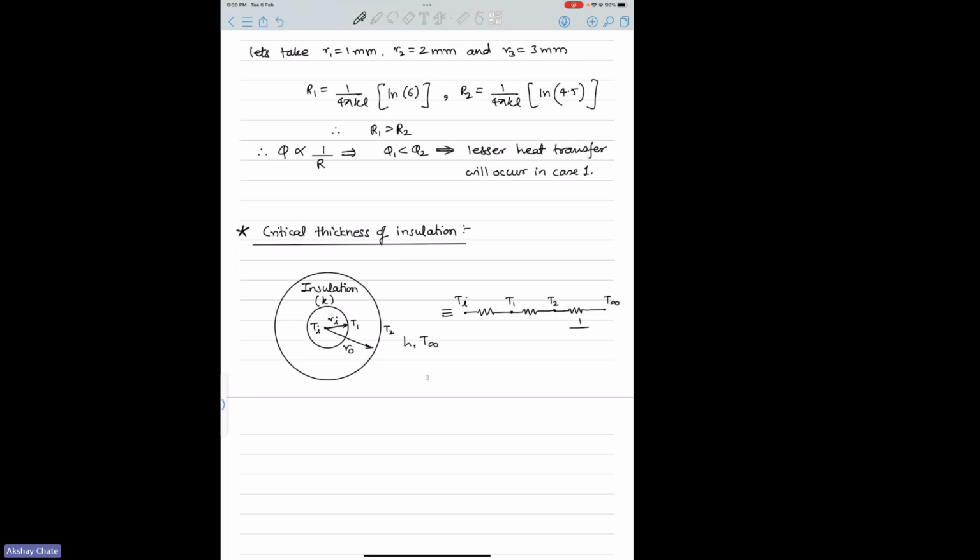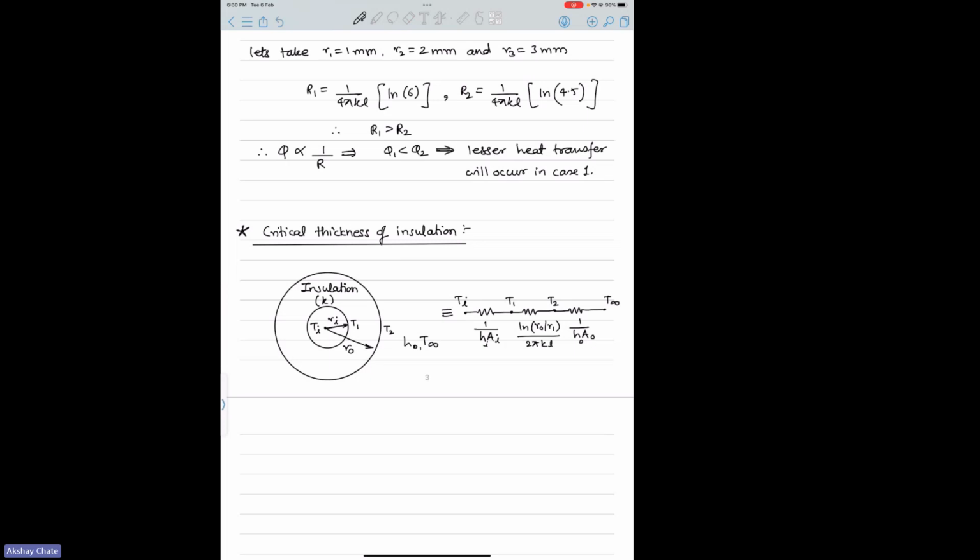So here you will have 1 by H outer area. Here you will have 1 by H inner area. And here you will have ln R0 by R1 divided by 2 pi K, where K is the thermal conductivity of insulation, into H. Let's call this H0, just to get the idea that it is the outer surface area heat transfer coefficient, and this guy will be Hi. So let's say this is the inner surface area heat transfer coefficient.